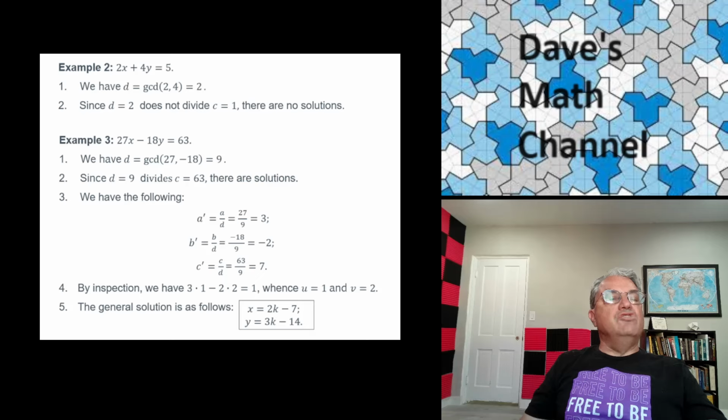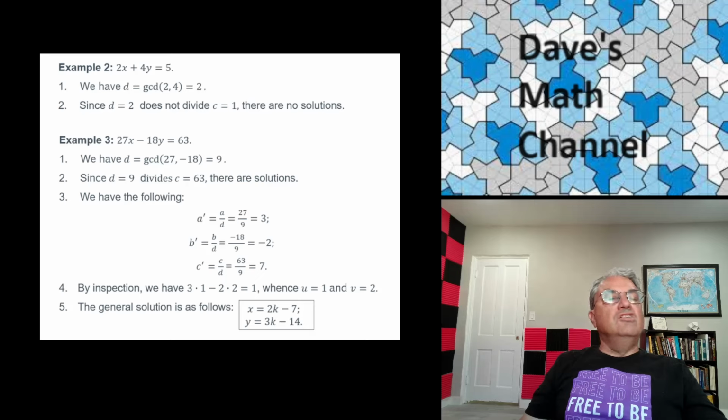So what about example 3? This is probably the hardest one I'm going to give you. What if our equation looks like 27x minus 18y equals 63? Let's just go through the procedure again. First we calculate the GCD of the coefficients of x and y. In this case, that's 9. 9 is the greatest common factor of 27 and minus 18.